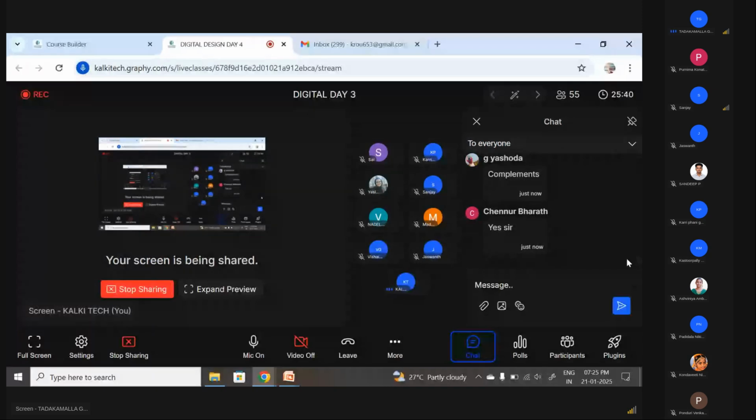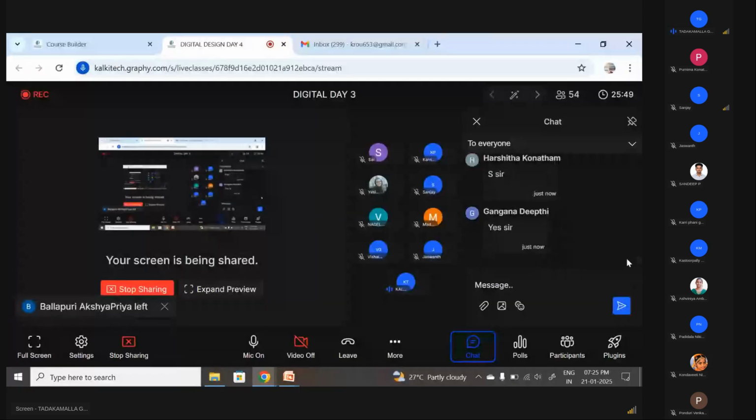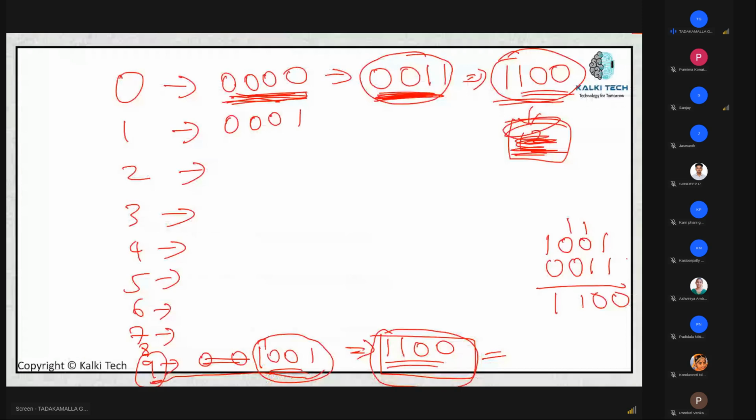Everyone can see this pattern, right? Is there anyone who cannot see it? Now let us take the second number, 1, that is 0001. What is the XS3 code for 0001?